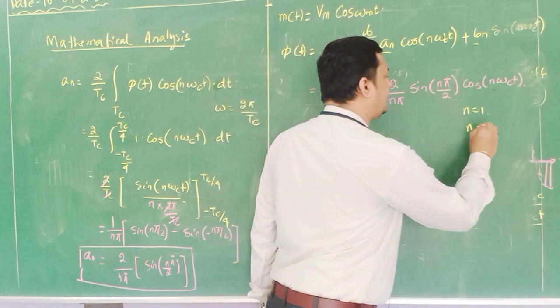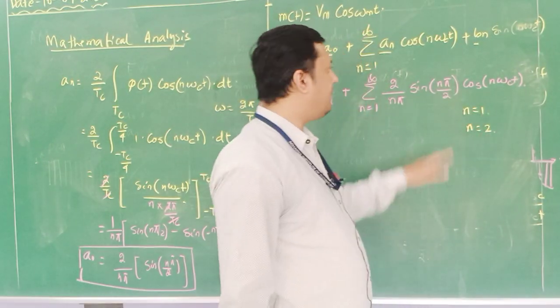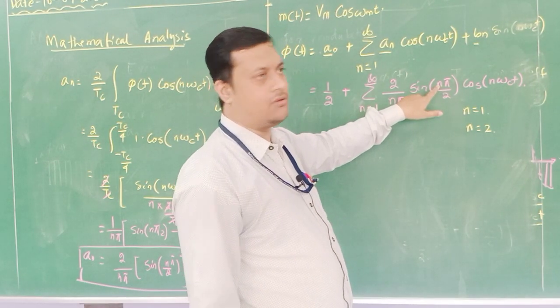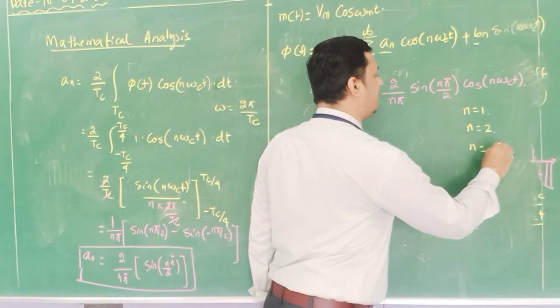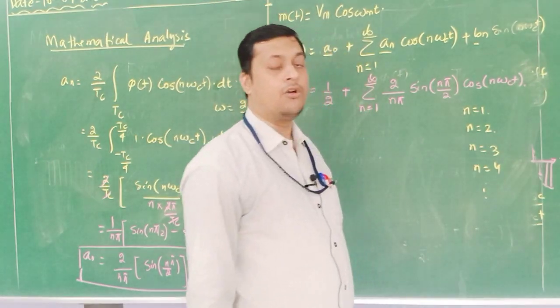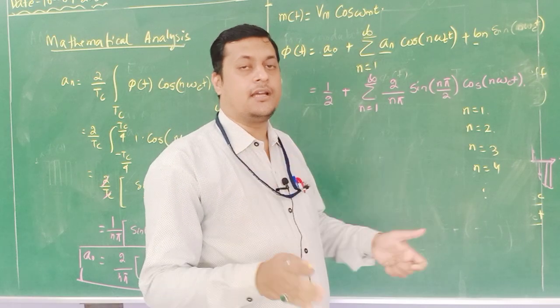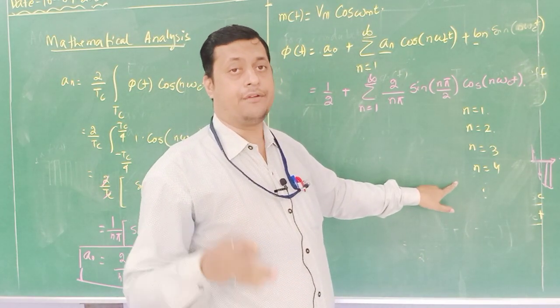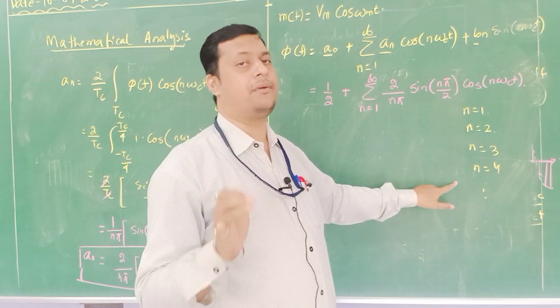Now if n is equal to 2, if you substitute 2, it will become sin pi, and the result will be 0. Similarly n equal to 3, n equal to 4, like that. If you substitute, only the even components of n tend to 0, but the odd components will exist.